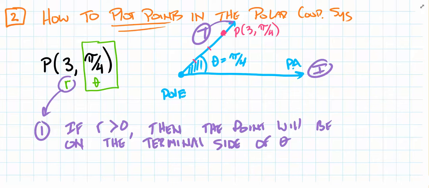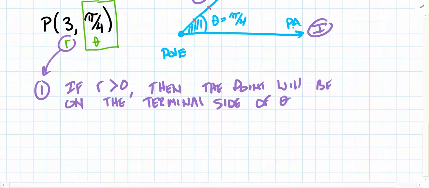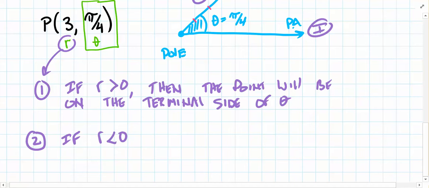Now, what do you do if R is negative? Okay? If R is less than 0, meaning R is a negative number, then where do we put it on the polar axis? Here's what we do. We say this.